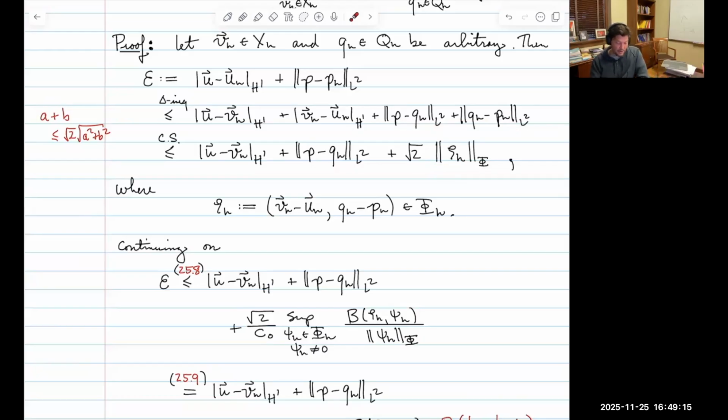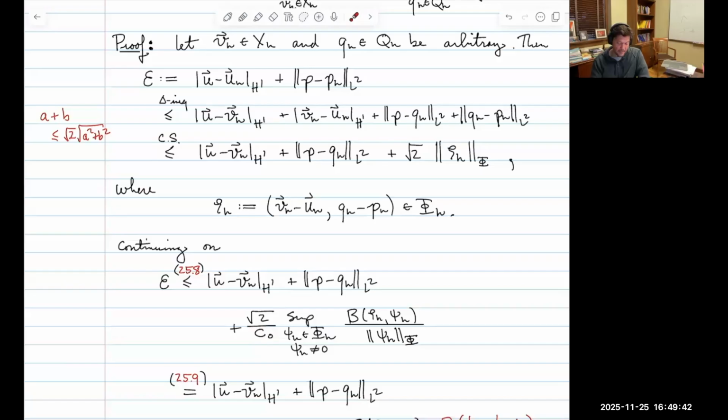So now I'm going to use that inf-sup condition that I had for the capital B bilinear form. That was 25.8. The first two terms I'm going to leave the same. The second one I can show is less than square root of 2 over C0. This C0 is the C0 that was involved in 25.8.